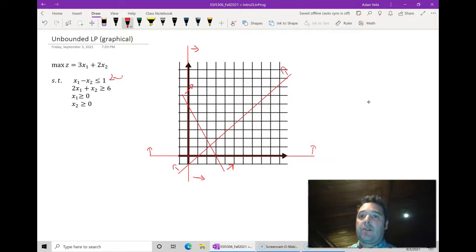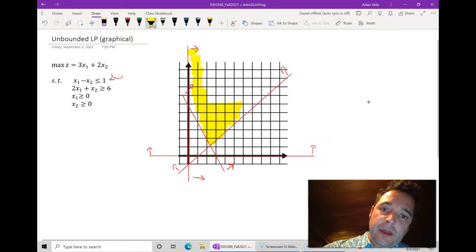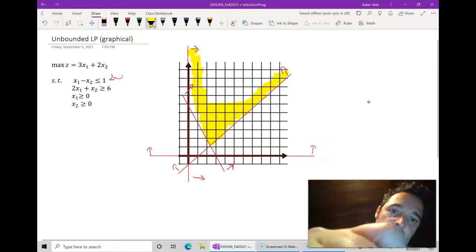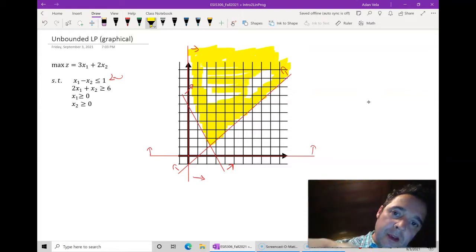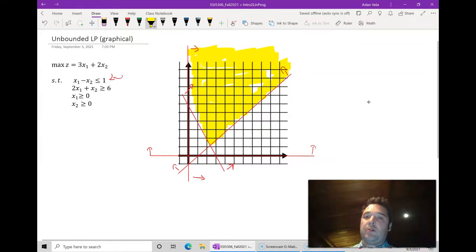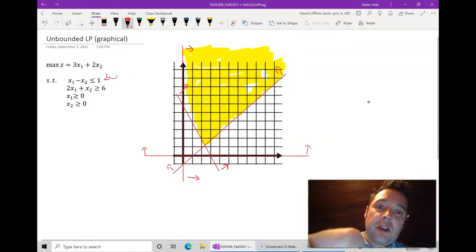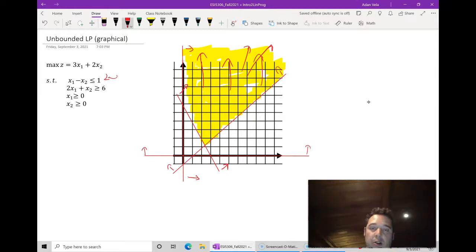When we put this all together, our feasible space is this yellow area. As you can see, there's nothing actually holding back the feasible space. So the feasible space actually extends out to infinity in sort of like a giant cone.